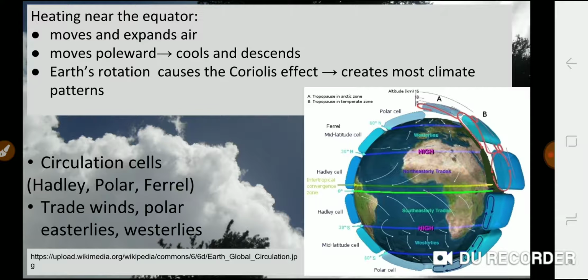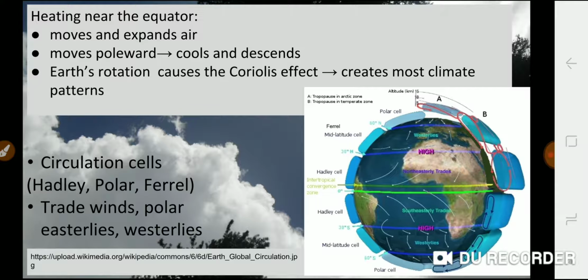So all of this direct sunlight that the Earth experiences in equatorial regions heats and expands the air. As this air moves poleward, it cools and descends. So this makes a convection cycle of heated air and cool air moving around the planet. Then the Earth's rotation, that rotation of a day, causes the Coriolis effect.